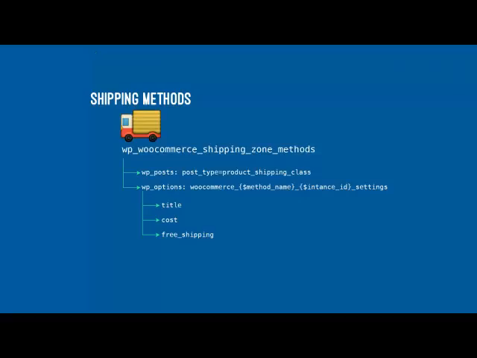It's an instance ID because you can actually have different methods across different zones. So if you have a zone for continental USA, you might have flat rate in there and it'll be one cost, and then you might have another shipping zone for Canada, South America, and have flat rate in there again, but it's a different instance of the flat rate method.